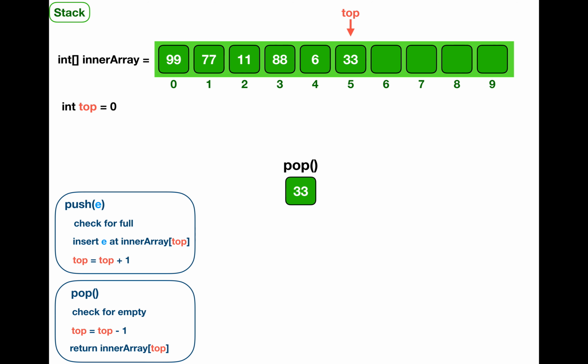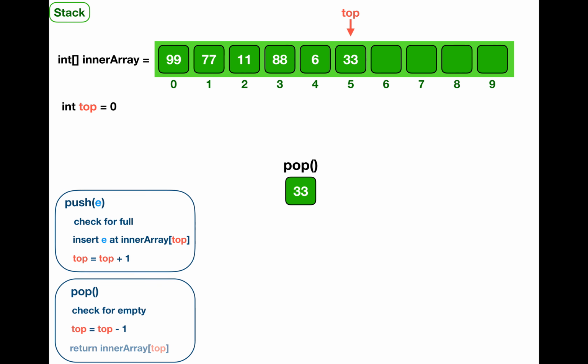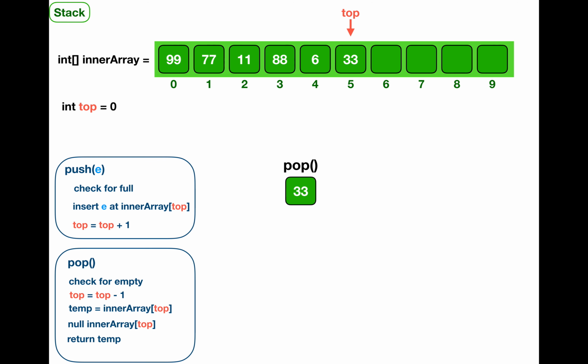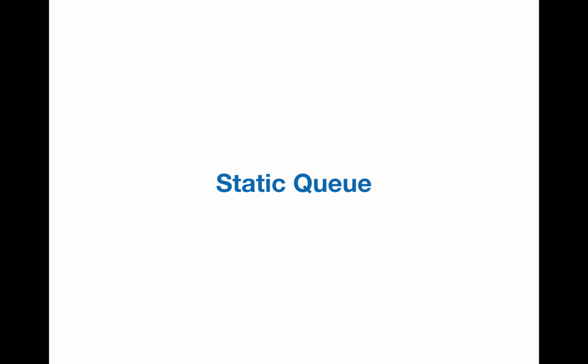After we've decreased the top, we haven't really done anything to this element. This element stays the same. So we're going to have to null this element. Otherwise, we're still going to have 33 in that spot. In this case, we can update our algorithm by making sure that we null that spot, and then we return the appropriate element.